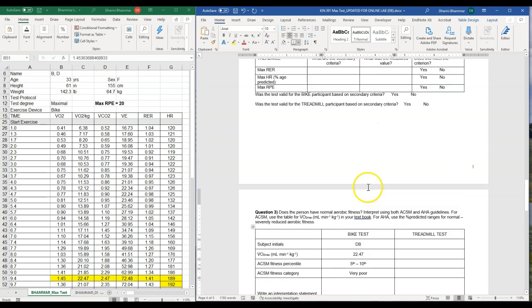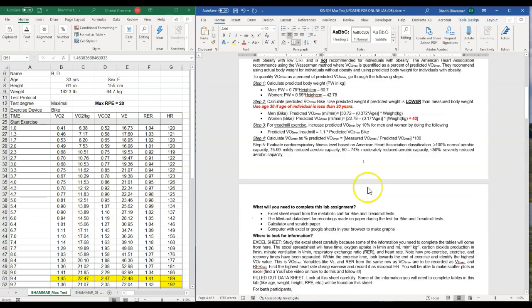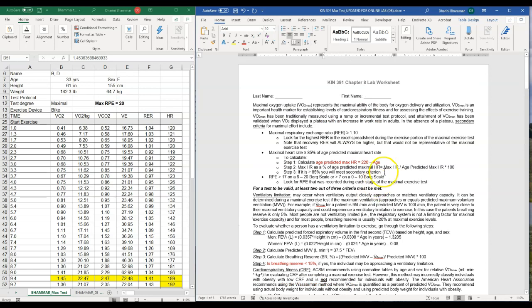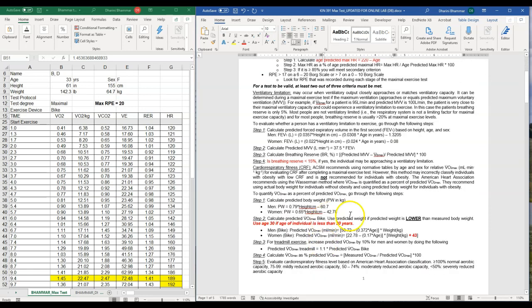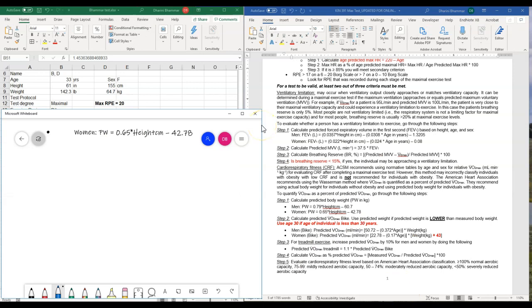But basically, you're using these formulae to do that for predicted weight. So here's the 2 formulae. So you got to make sure that you use the right one. So because this is for a female, we'll use the women predicted weight formula, and we'll have to substitute the height in centimeters for the number that it is, 155.